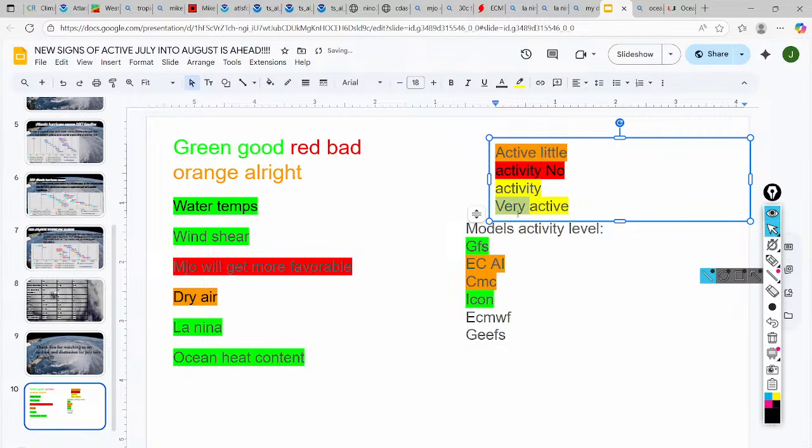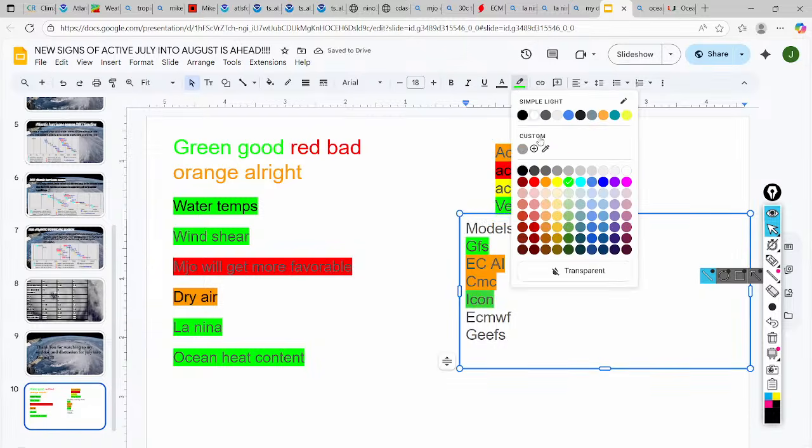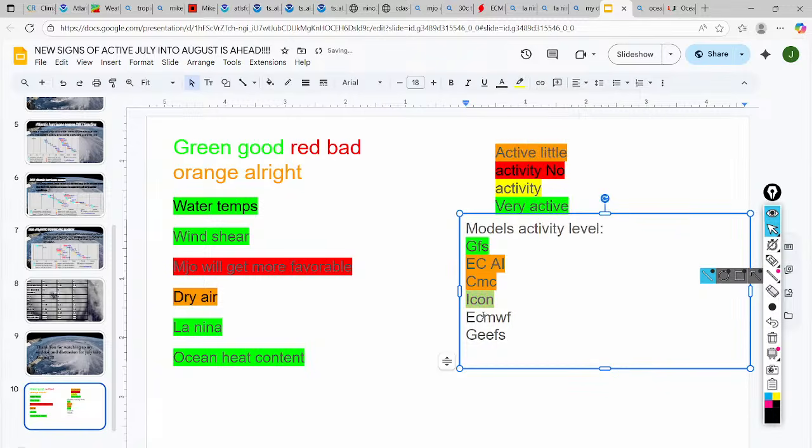Very active is going to be green. So the European, I would generally say, is activity. It definitely shows some activity. We're basically looking at that. I will be fixing this up and making my own thing, and we'll make a slide here of how we want to do this.